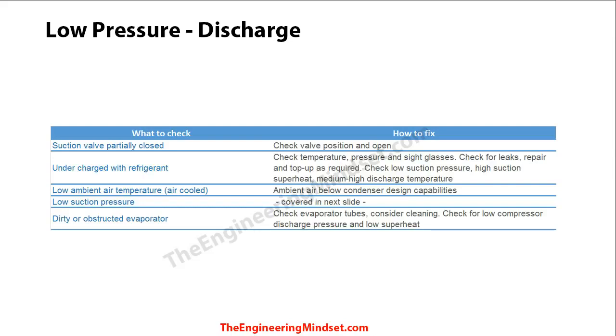And then probably of this list, the most common issue with that is going to be the dirty or obstructed evaporator. So you just want to check the evaporator tubes, make sure they're fairly clean, or as close as you can get it, and consider cleaning this. So you just want to make sure that there's maximum heat transfer capability available as possible. Otherwise, you're just going to waste energy.